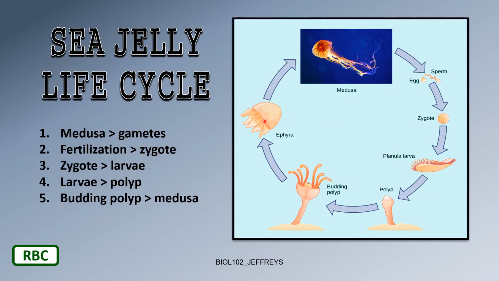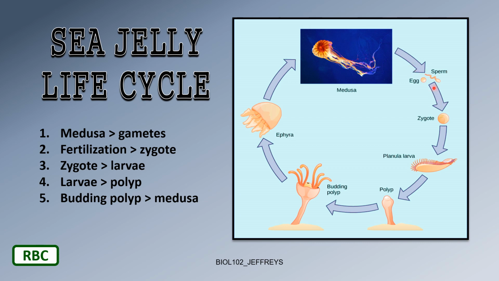So the life cycle of the sea jelly, I don't want you to so much sit down and memorize, because I'm going to show you lots of life cycles, but just to give you an idea of what's going on in the natural world. So here's the medusa. The medusa makes gametes, sperm and egg.